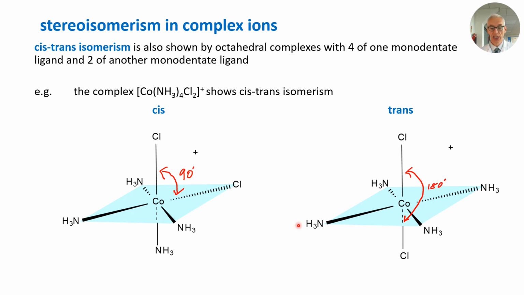So what's distinctive of the trans is that the chlorine-cobalt-chlorine bond angle is 180. You will see that represented as different rotations. So that is cis-trans isomerism, where we have 4 of one monodentate ligand and 2 of another.